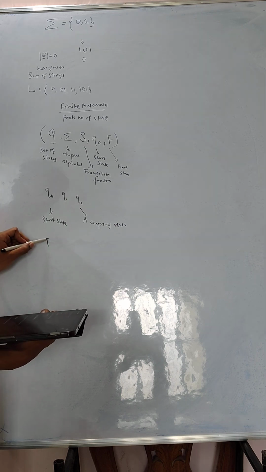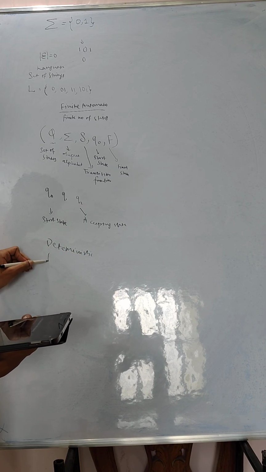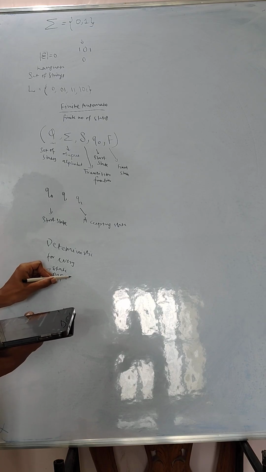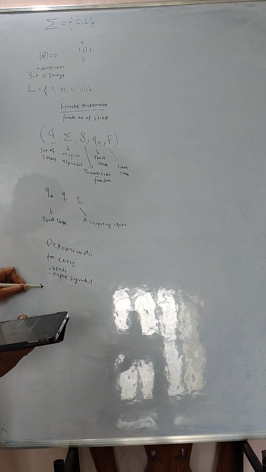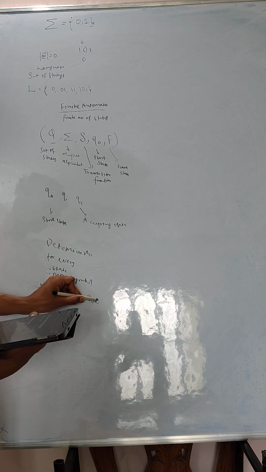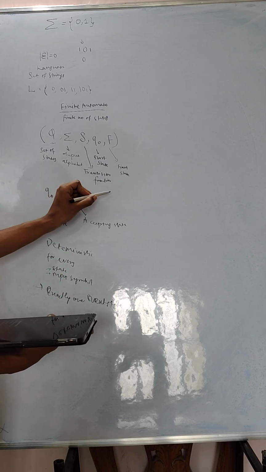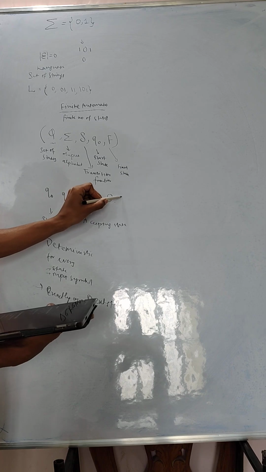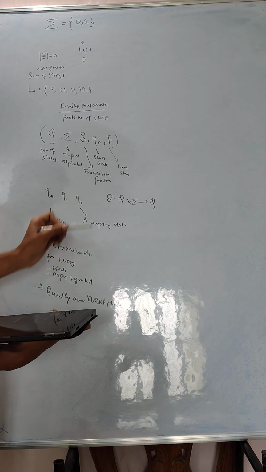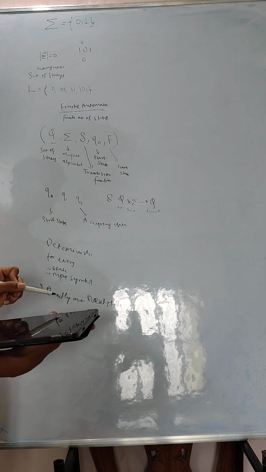The formal definition is: the transition function maps the set of states times the alphabet to Q. It means one state plus one input will give one next state.